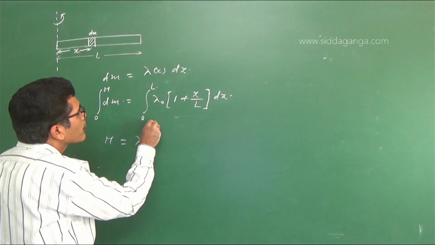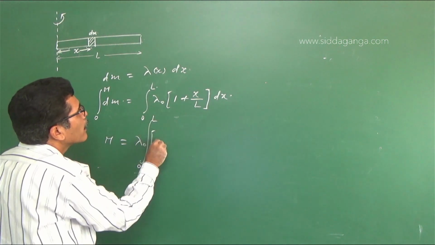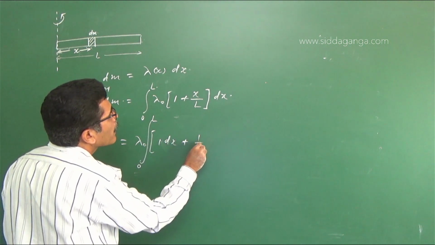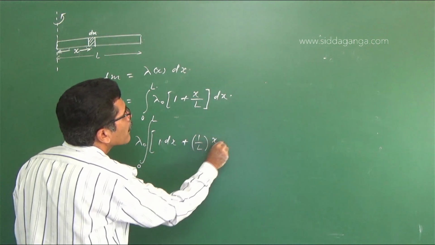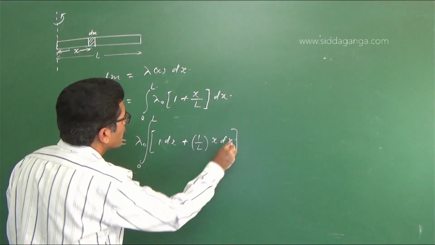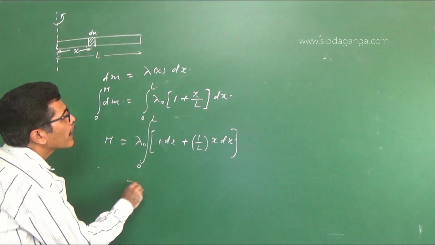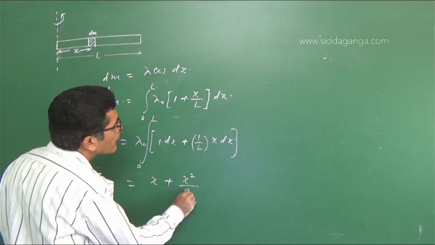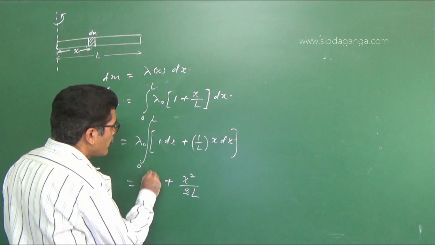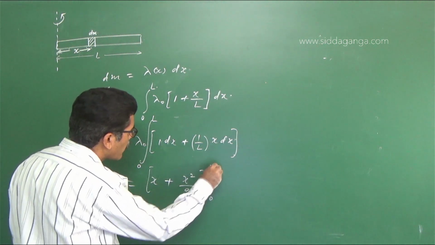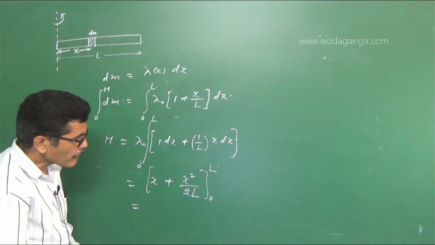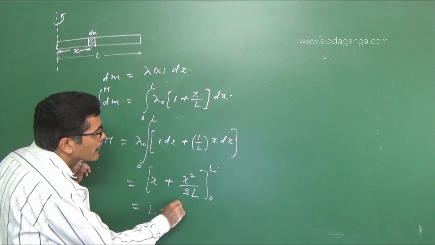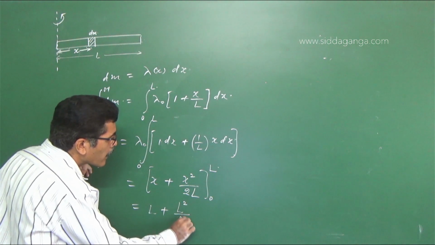This is the integral of 0 to L of 1 into dx plus 1 by L into x dx. On integration you are going to get x plus x square by 2L. Here you have to give the limit from 0 to L. This becomes L plus L square by 2L, the 1L got cancelled.